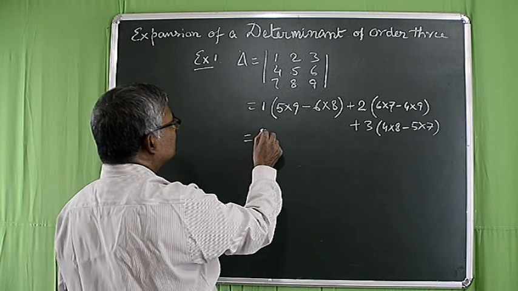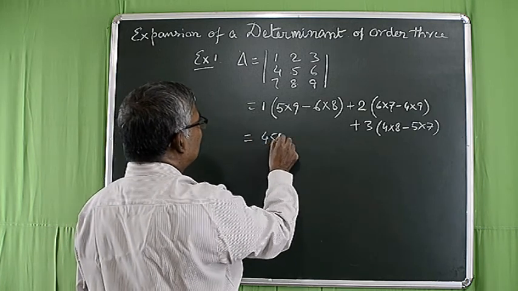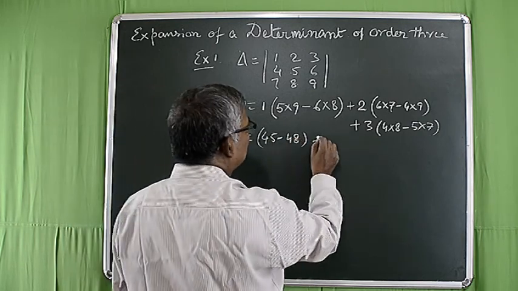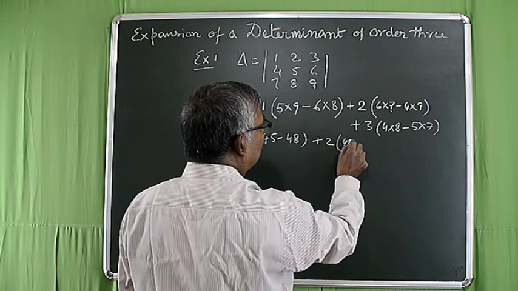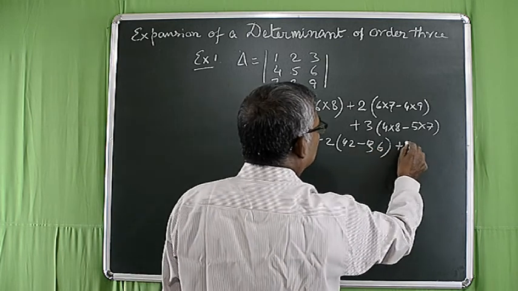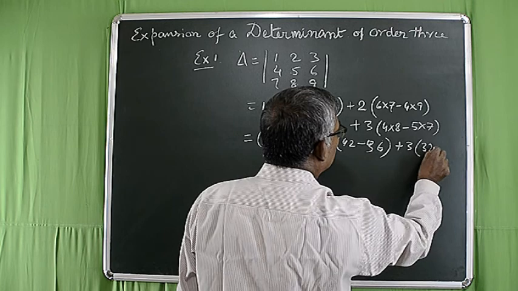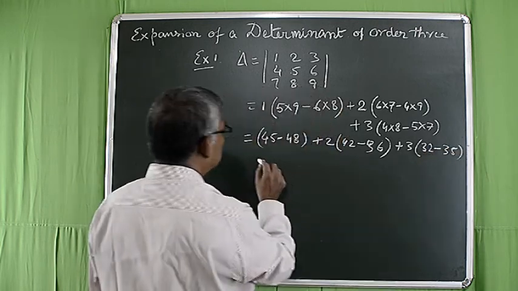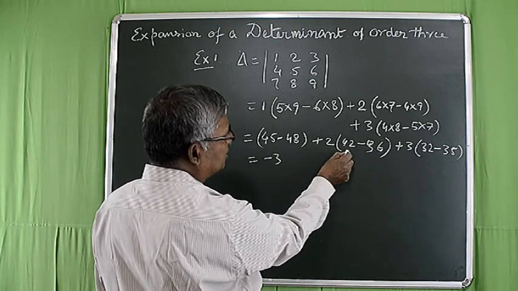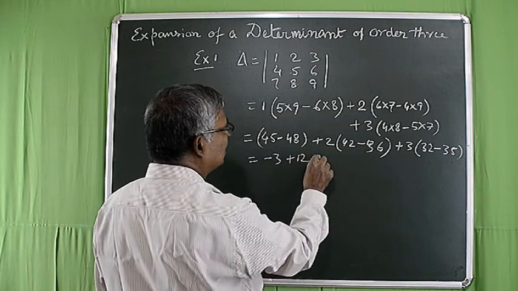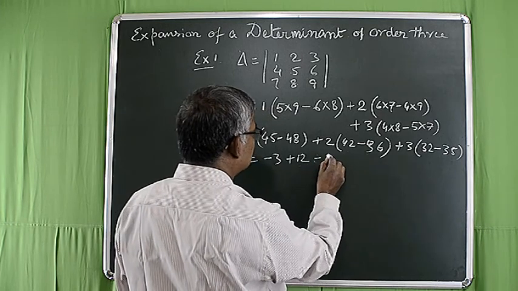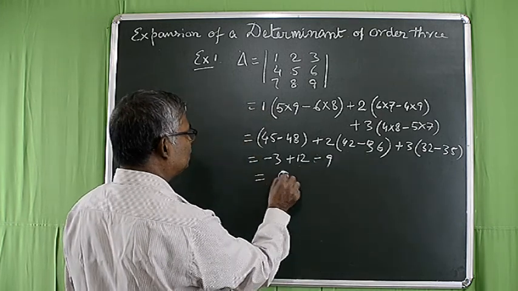So it can be written as 1 into (45 - 48) plus 2 into (42 - 36) plus 3 into (32 - 35). So it is -3, plus 6 into 2, that is 12, plus 3 into -3, that is -9. So this equals 0.